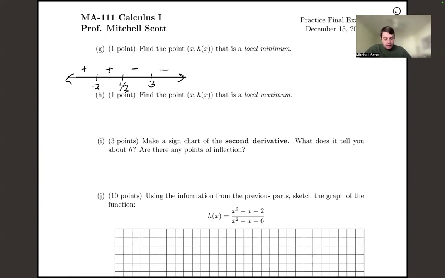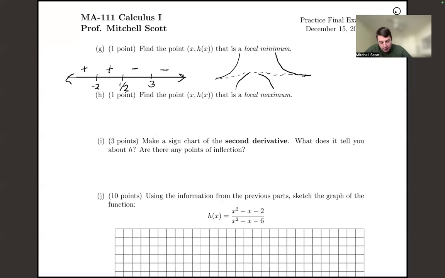Minimum, excuse me. There are no local minimums, as we've talked about, because we have a function that is increasing and then decreasing. And anywhere that we have, these kind of level out to one.